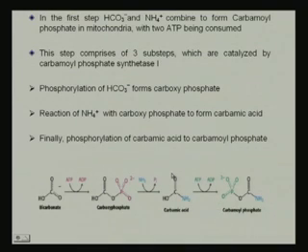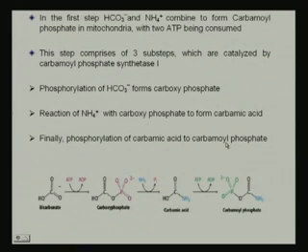Now, if we sum up, this step comprises 3 sub-steps. First, phosphorylation of bicarbonate forms the carboxyphosphate. Second, reaction of the carboxyphosphate with ammonium ion to form carbamic acid. And finally, phosphorylation of carbamic acid to carbamyl phosphate takes place.